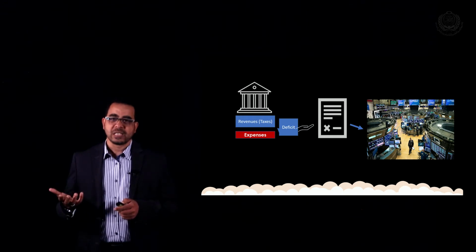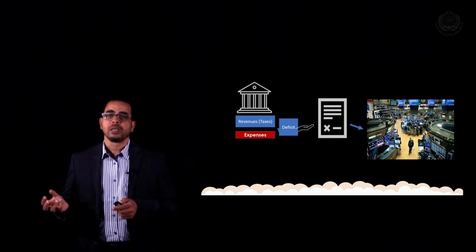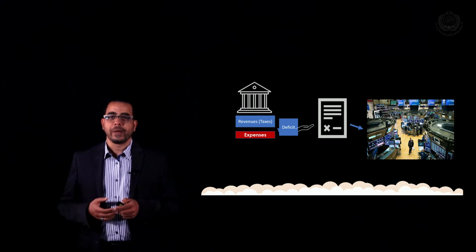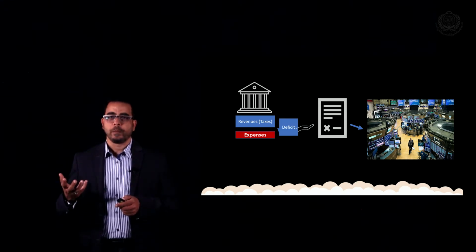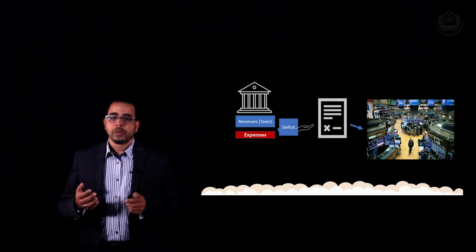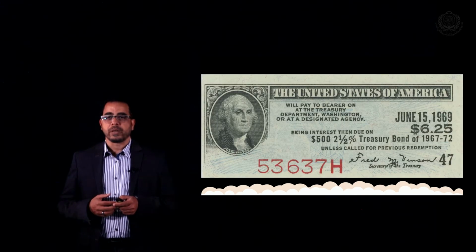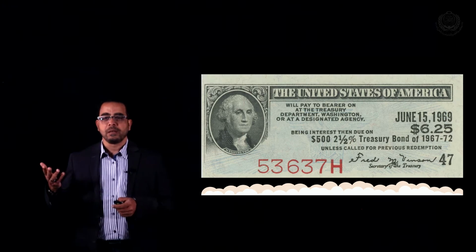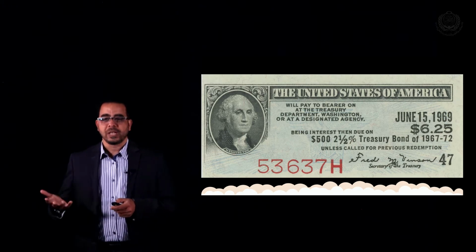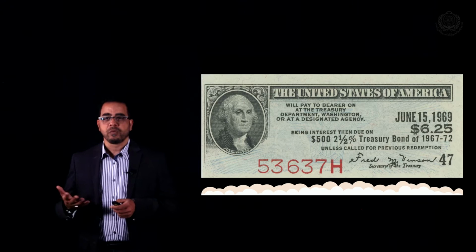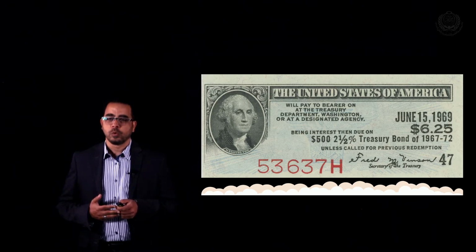It will state how much you gave the government, what interest the government will pay you back, and when it will pay back its debt. So, for example, this is an example of an American bond. You can see the value of the bond, the interest rate, and when the government will be paying back your bond.